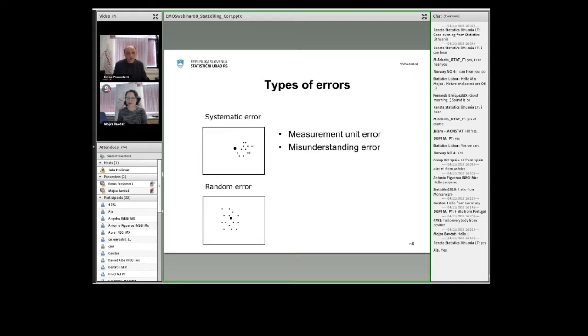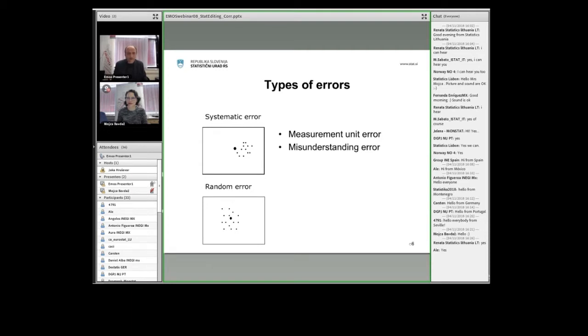In this case, all his figures are 1,000 times too large. And this is certainly the systematic error. The misunderstanding error is in fact the consequence of, let's say, bad formulation of the question in the questionnaire. So most of the respondents misunderstood one question, and that's why we got the wrong answers in the same direction.